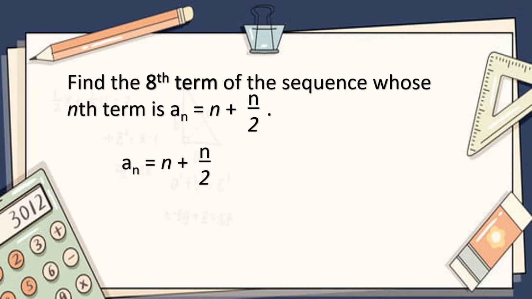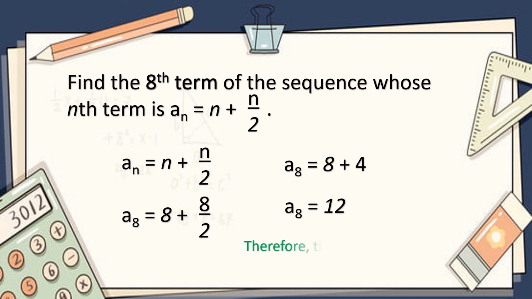So, by substituting 8 in our expression, we have the 8th term which is equal to 8 plus 8 over 2, then simplifying 8 over 2, we have 4. Then adding 8 and 4, we got 12. Therefore, the 8th term is 12.